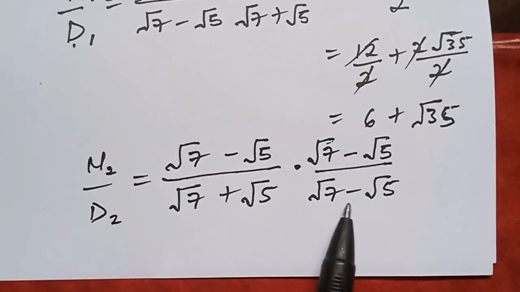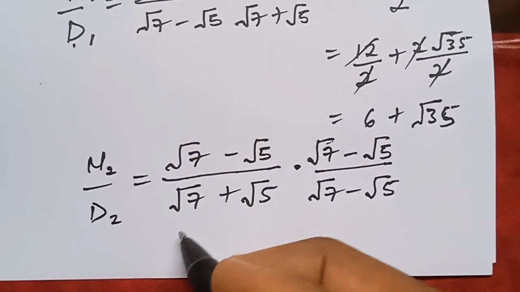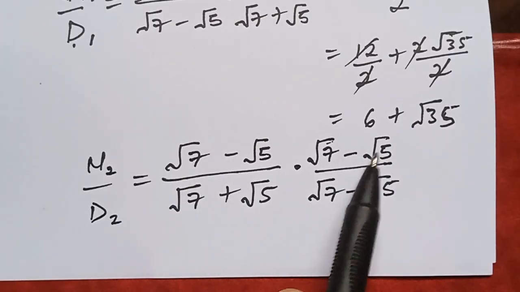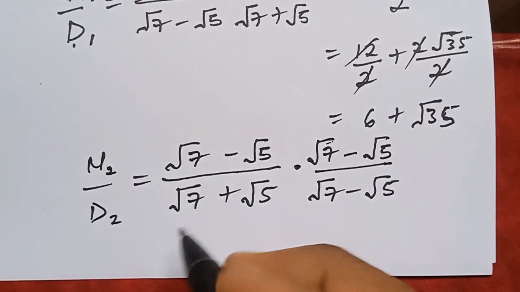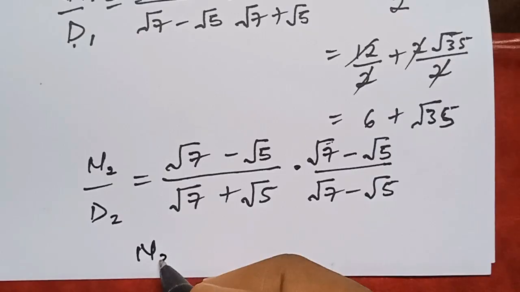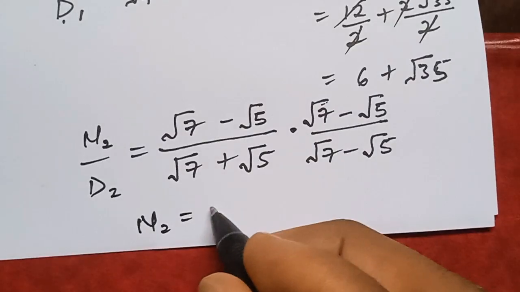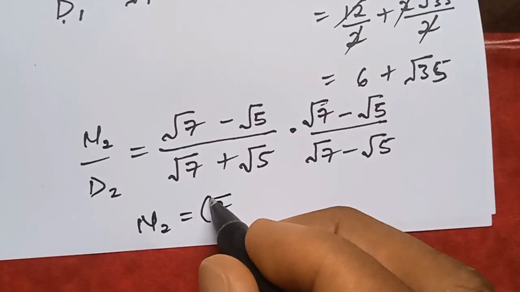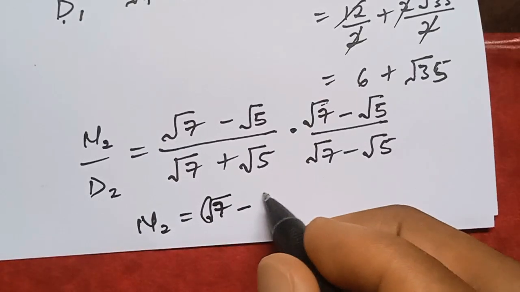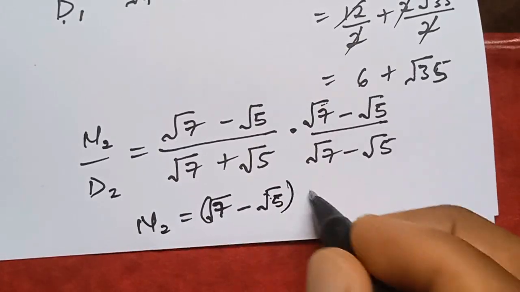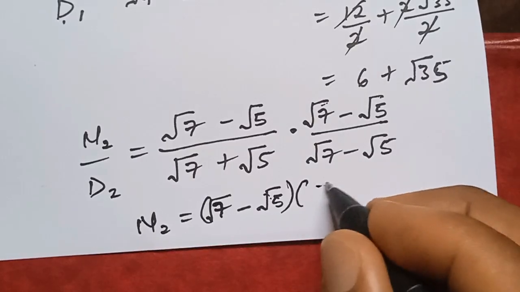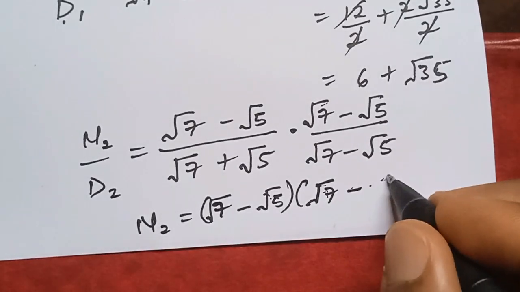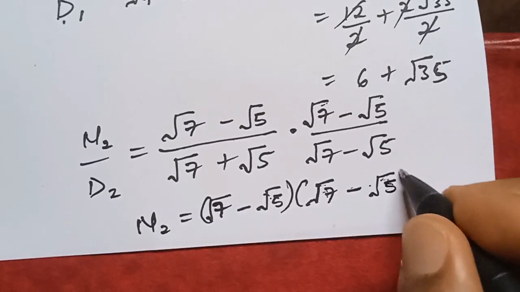So we now rationalize this. Then we have to rationalize it one by one. We multiply it. So we have n2 to give us square root of 7 minus square root of 5 multiplied by square root of 7 minus square root of 5.